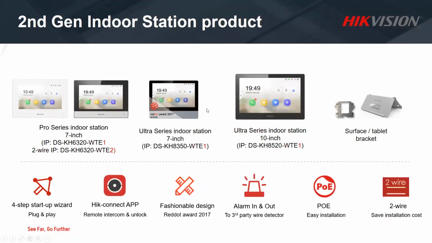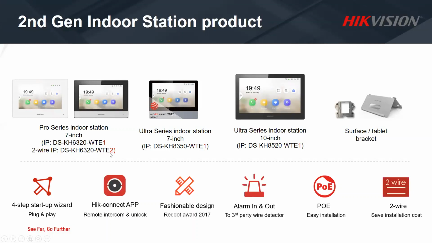For the indoor station, we have 3 different, actually if also considering color, 4 choices here. For the IP system, we offer these 4 different choices. But if it is a 2-wire IP system, we only have these 2, the first one.